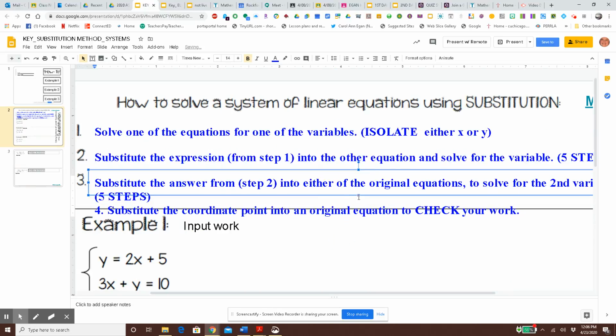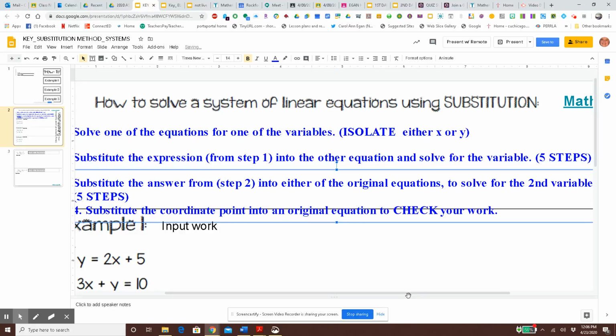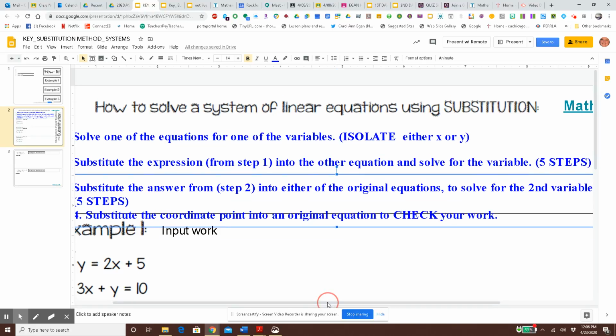Go out, hit back in. I'm going to grab this text box, just move it down there so that it includes all of that.